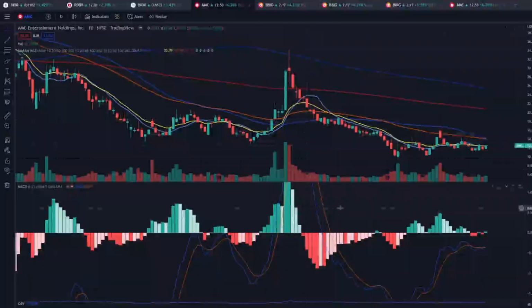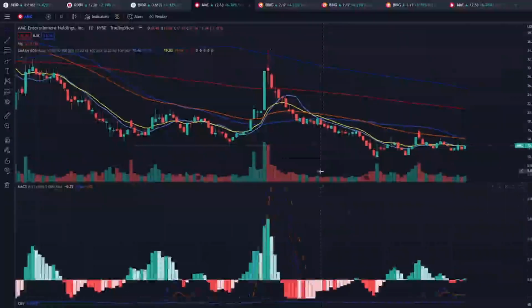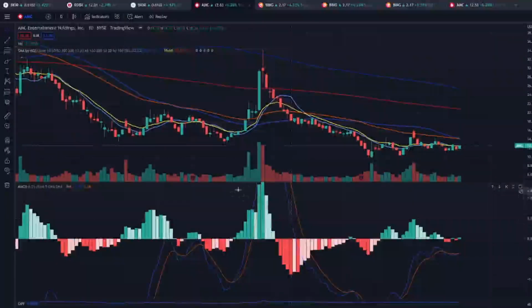Let me shift this up so you get a hint. That is right, everyone. When the MACD is doing the exact opposite, that is crossing under from positive to negative, that is a sign to me, without even needing to look at the moving averages, that the slow one just crossed above the faster one.